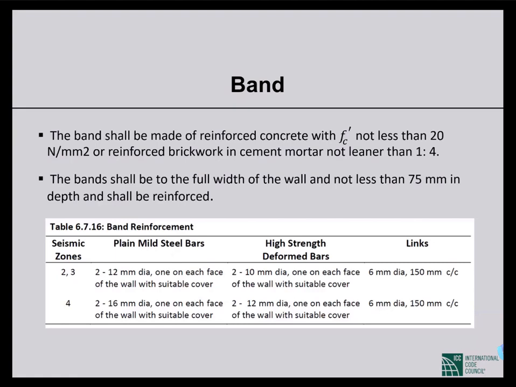The bands shall be the full width of the wall and not less than 75 millimeters in depth, at least 3-inch depth, and shall be reinforced. For seismic zones 2 and 3, and for seismic zone 4, there are different requirements for bands. Now we'll see.